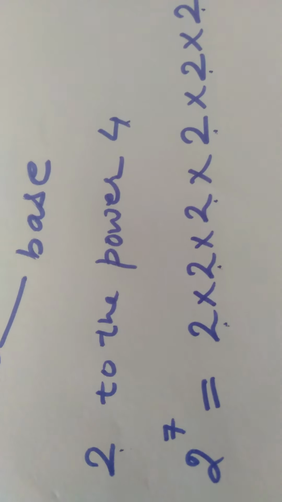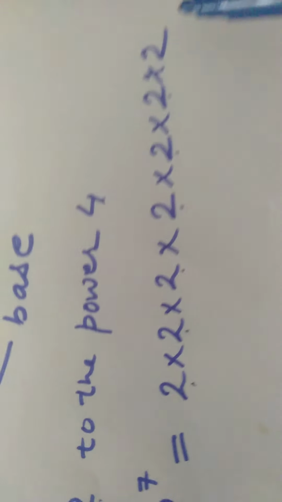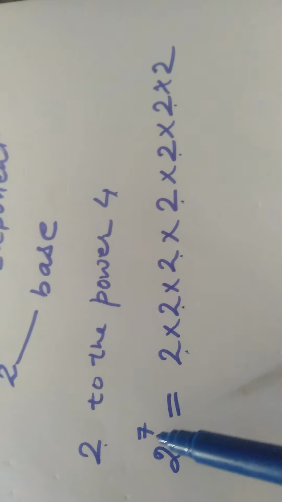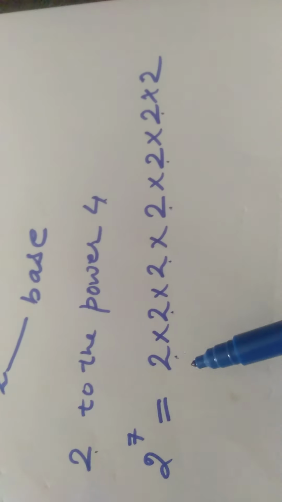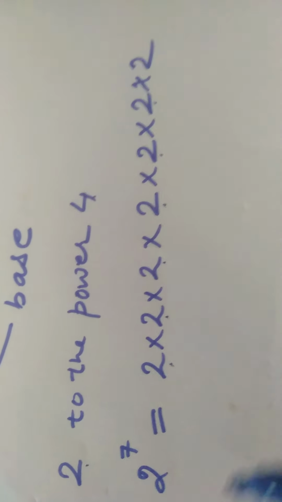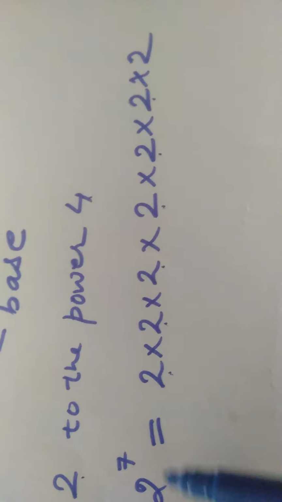So 2 is multiplied to itself 7 times, and we write this in the form 2 to the power 7. So we are writing this in terms of powers.